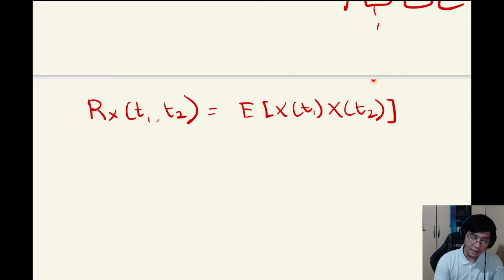And the product of the two will also have only two possible values, positive 1 or negative 1. When is this product equal to positive 1? When the two outcomes are similar.